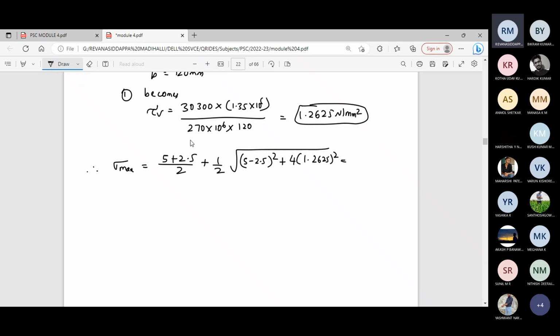The answer is 5.52 Newton per mm square.